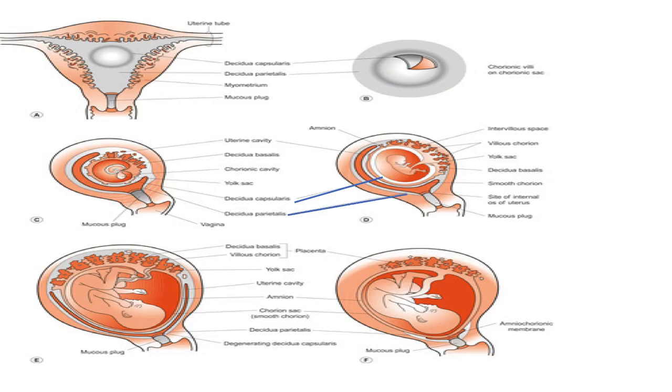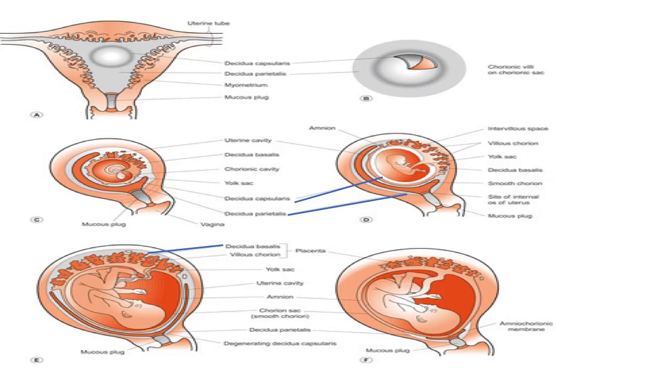The next one is decidual parietalis because it is around the muscle area, the remaining part of the uterus, so it is called decidual parietalis. And then you have decidual basalis, which is found at the base of the embryo. You can see that part where I have the villi placenta, so that is it.